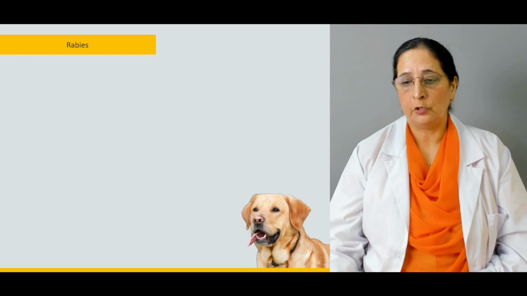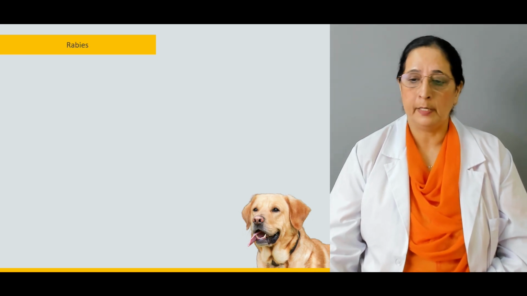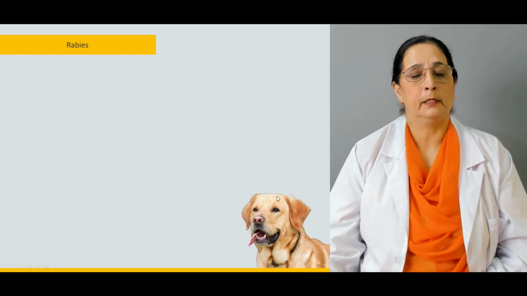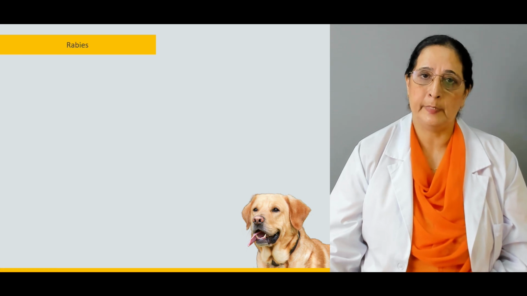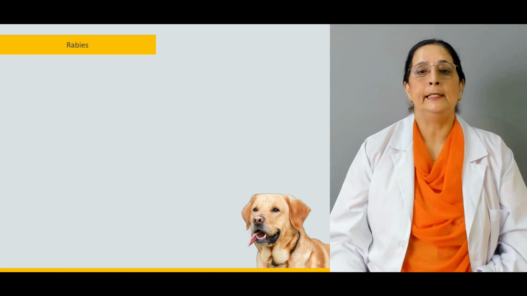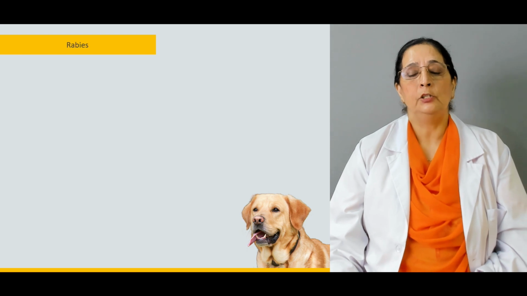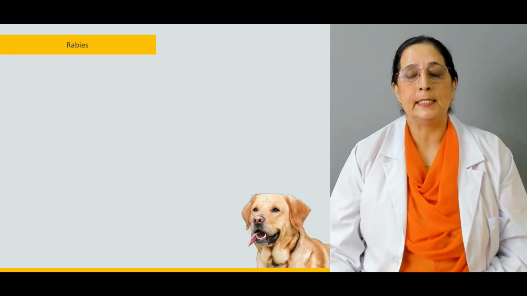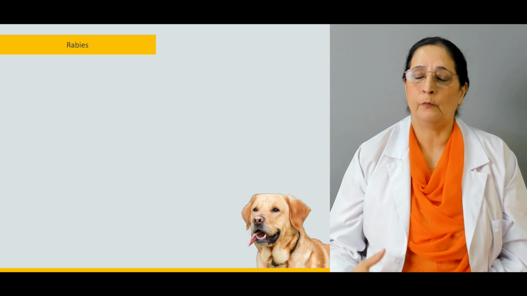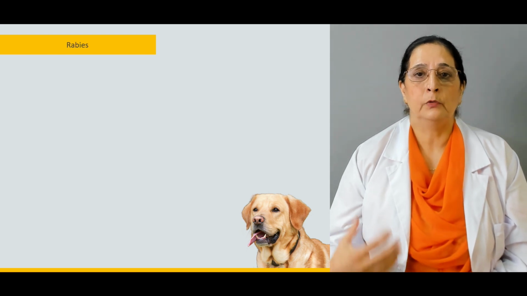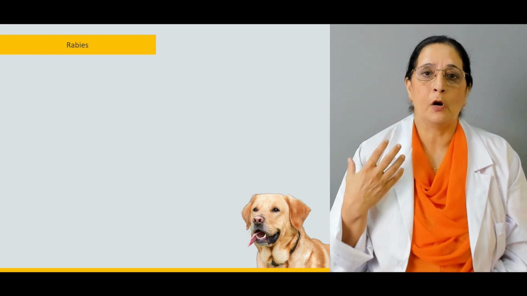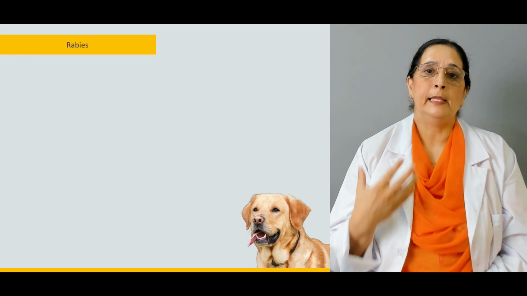The dog is a very common animal that can cause rabies infection, especially the rabid dog, the dogs which are not vaccinated. Stray dogs that move or live on the streets, which are not pet dogs, usually can cause rabies infection when they bite.